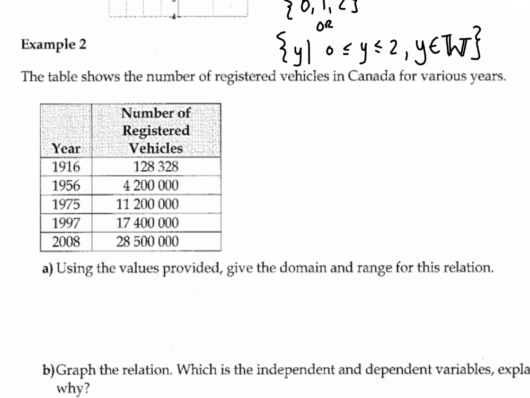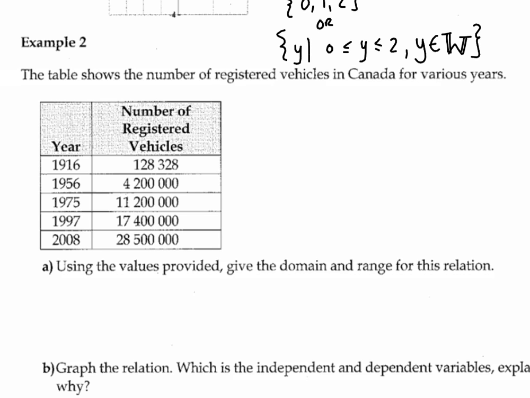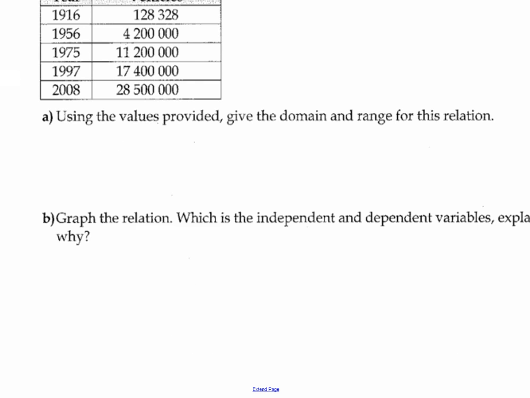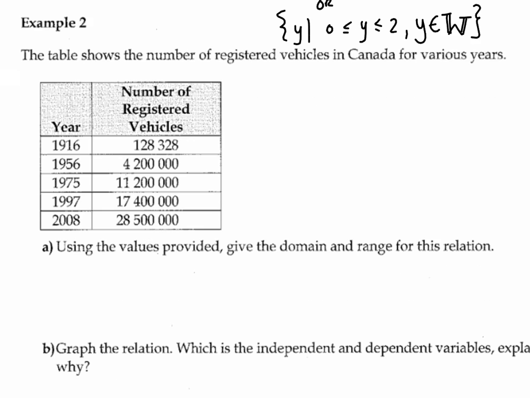Let's just do this one quickly. Using the values provided, give the domain. Which one is the x variable? Years. The first is x, the second is y. So years is on the x-axis, and it's going to be our domain. And what are the values?